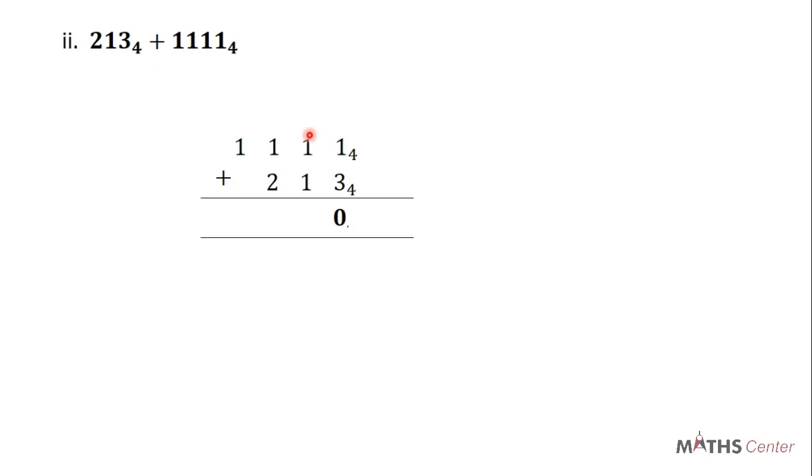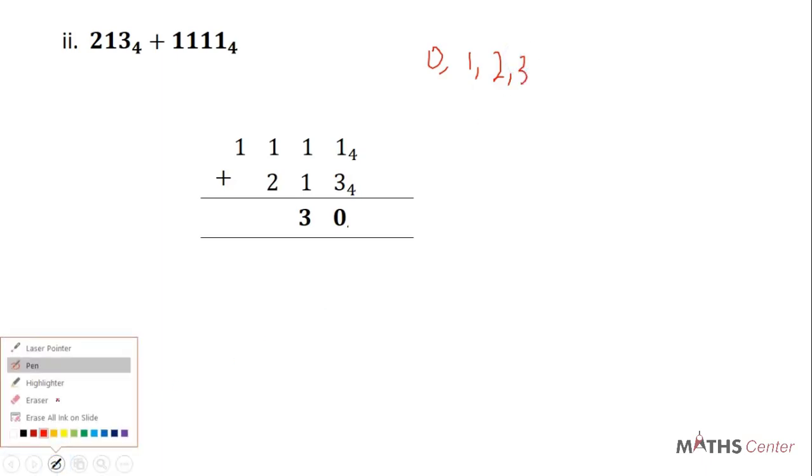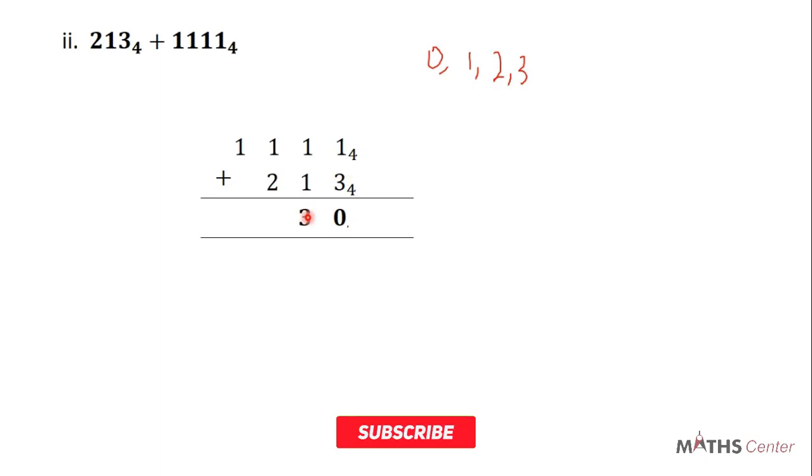You carry 1 forward to this side, you have 1 plus 1. 1 plus 1 will give us 2. 2 plus 1 will give us 3. Because we are working in base 4, we can write 3, because in base 4, the digits we can use are 0, 1, 2, and 3. So in base 4, we can use the digit 3.